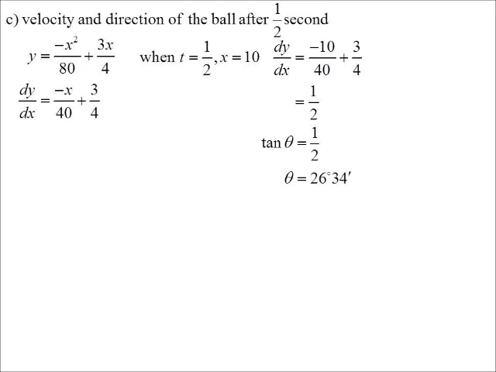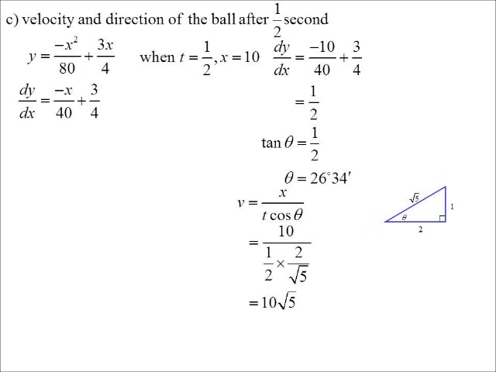To find its velocity, again, I'm going to have to go back to the parametrics to get the t into it. Now, what's cos theta? We know tan theta is a half, so I just create a triangle over there to work out. 1 on 2, hypotenuse is root 5, so I know cos theta is 2 on root 5. So we get the velocity of 10 root 5.